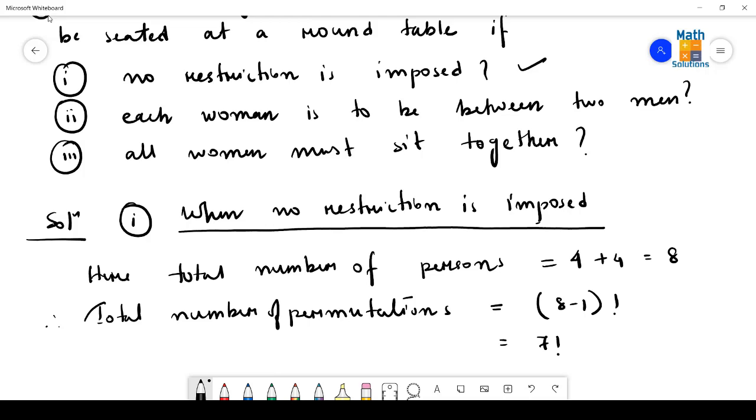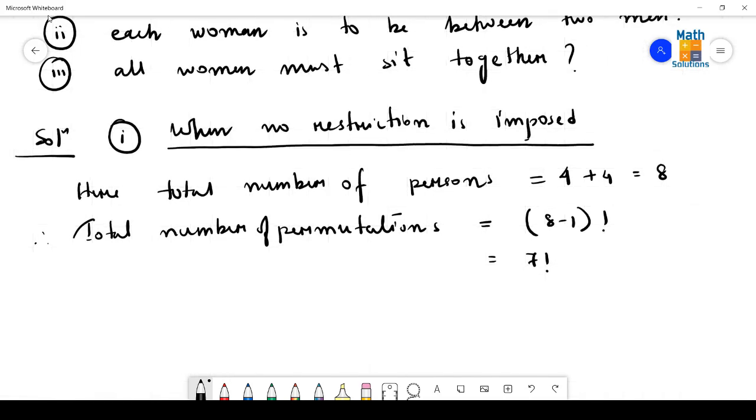Let us split it up. After splitting we shall get 7 into 6 into 5 into 4 into 3 into 2 into 1, and the answer becomes 5040 ways. So this is the answer of the first question.